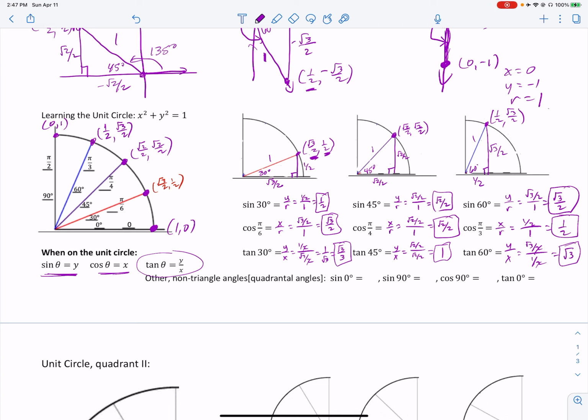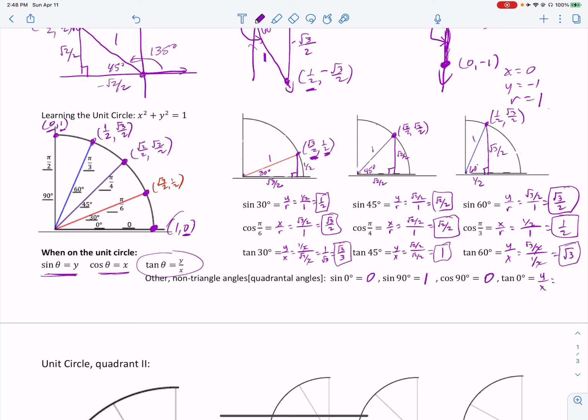And so if I'm at one of those quadrantal angles, sine of 0, well, at 0, the y-coordinate is 0. Sine of 90, well, the y-coordinate at 90 is 1. Cosine of 90 degrees, the x-coordinate at 90 degrees is 0. And tangent of 0, I need to do y over x.